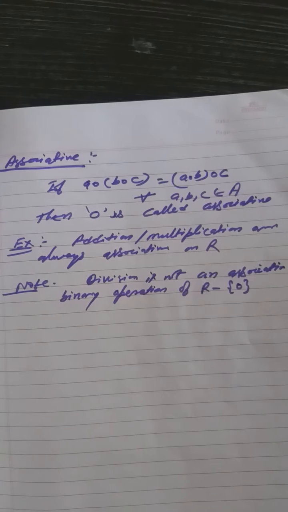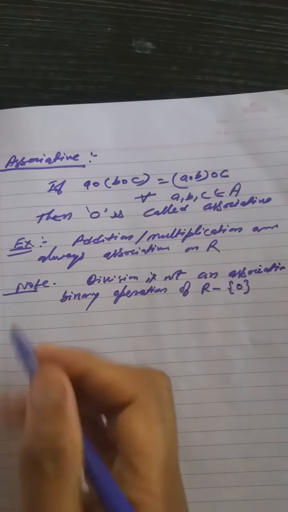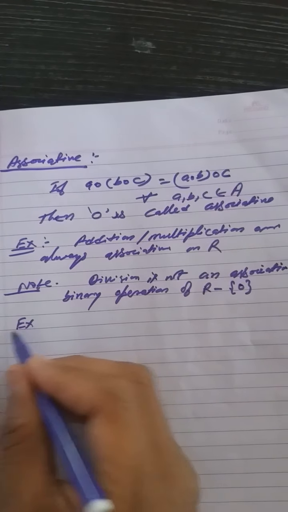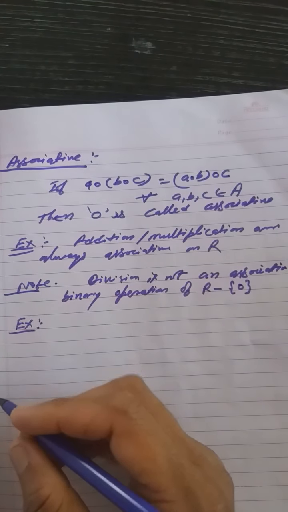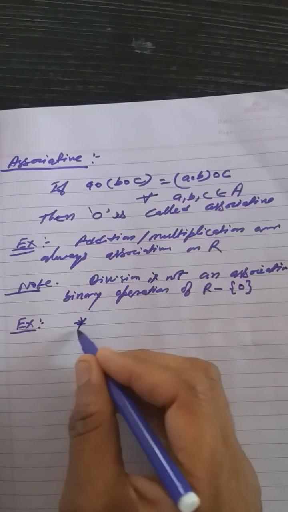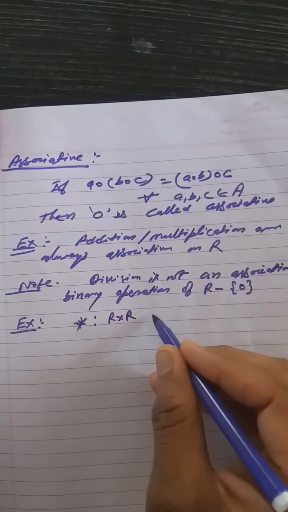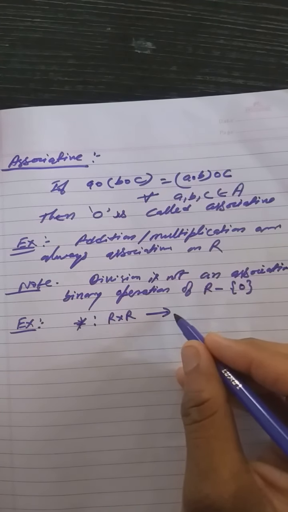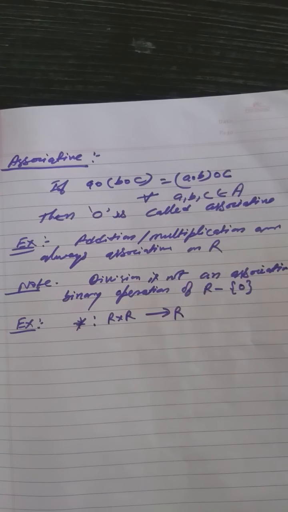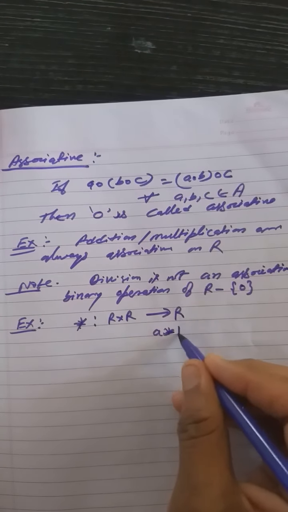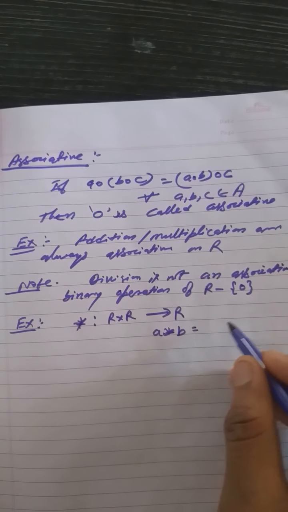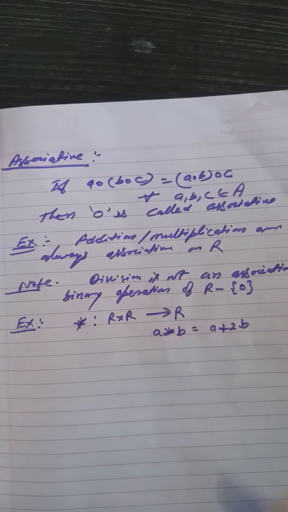Let us see another example which is not associative. The operation star defined from R cross R to R: A star B equals A plus 2B. You have to check whether it is associative or not. R is the set of real numbers.